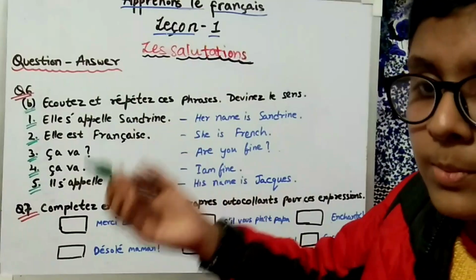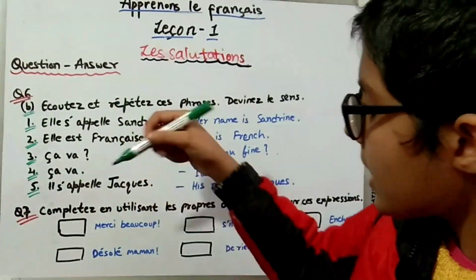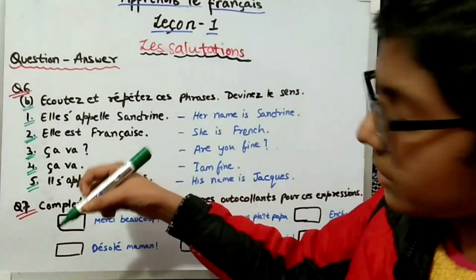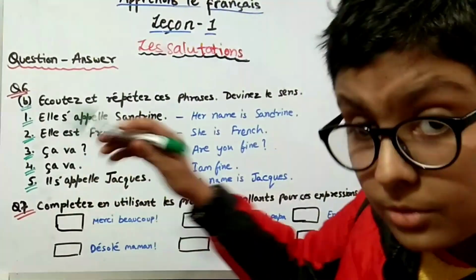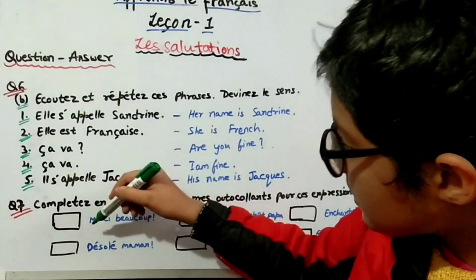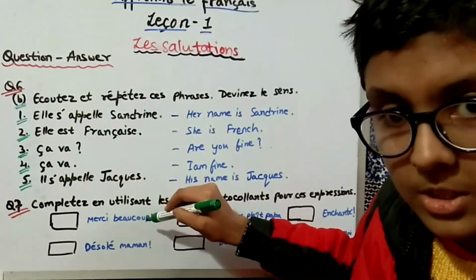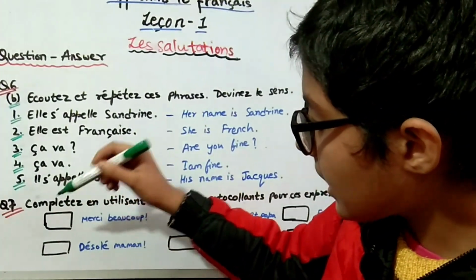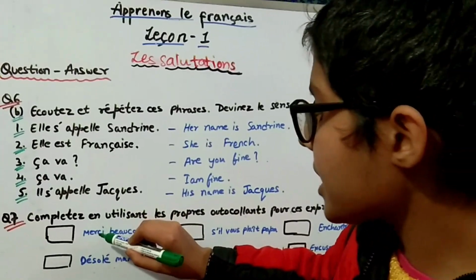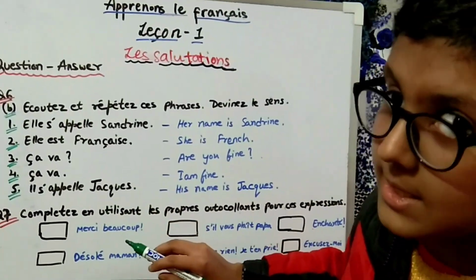At the end of this book, the stickers are given to us and we need to paste them here in the correct expressions. So here if you see in the book, there is a box made. Below them these sentences or expressions are written. You need to stick the sticker that matches the expression. So the first one is merci beaucoup, and that is thank you.